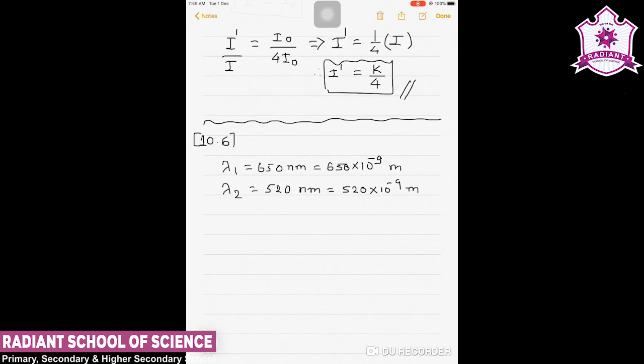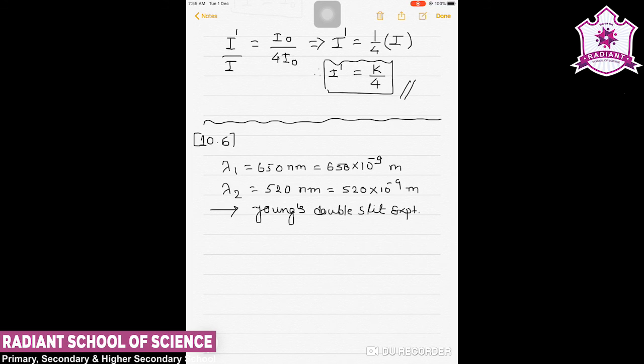Now this light is used to obtain interference fringes in Young's double slit experiment. So here the case is of Young's double slit experiment.